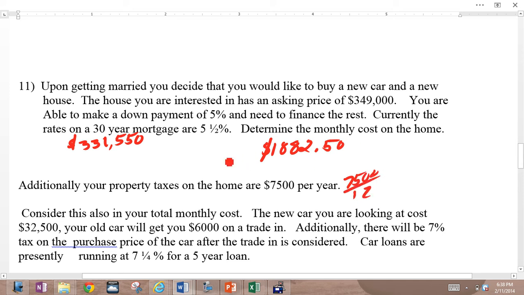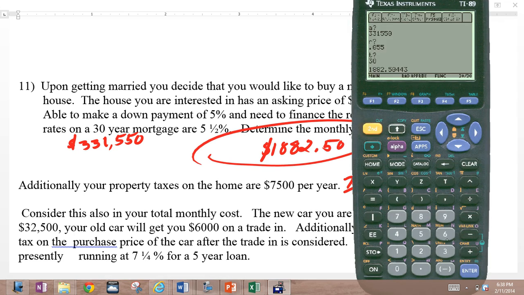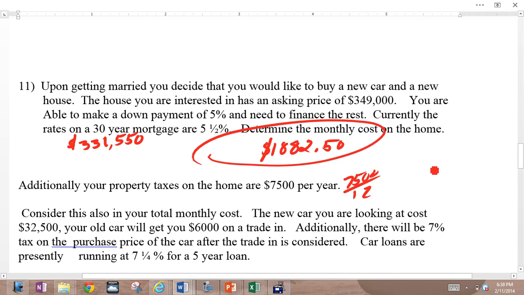So I'm going to have to start adding these figures up. 7,500 divided by 12 monthly payments, so that's going to be $625 there. So that's another $625 a month in expenses.